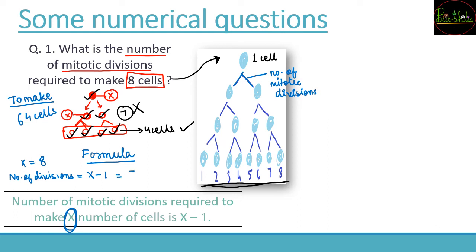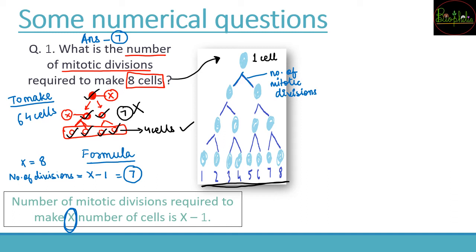So that is nothing but how much? 7. So what is going to be your answer? Answer to the first question is going to be 7. So if you count over here the dark blue lines, you will get the answer as 7. So it was very easy for 8 cells, but 64 cells के लिए क्या करोगे?